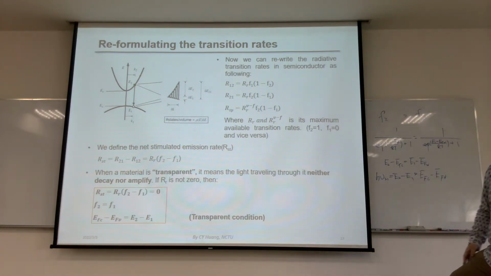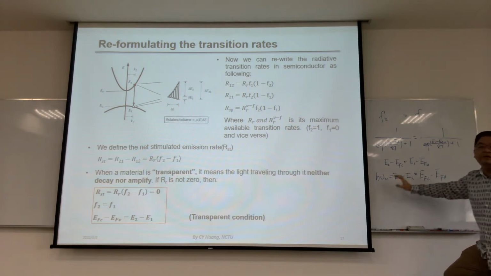So when does the light become transparent to the semiconductor? That happens only when this piece of material is under excitation, so the Fermi levels of electrons and holes start to separate. And when it is strong enough, EFC and EFB separate by an amount equal to the energy of the incoming light.